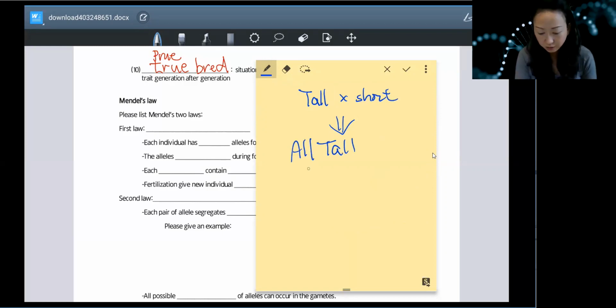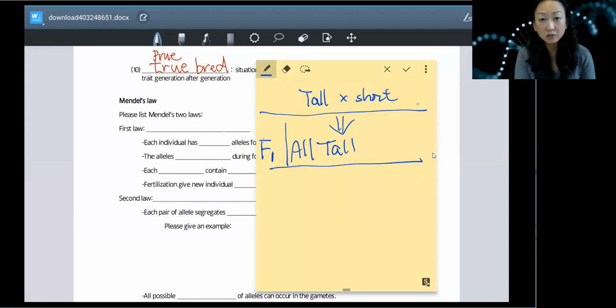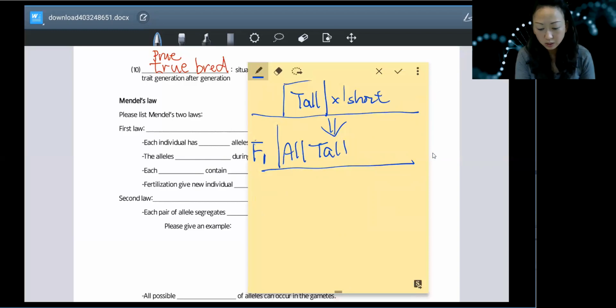So that was his first generation. Okay, we call it F1. I am mainly talking about the phenotype, the trait he was seeing. When he crossed all the tall with the short, phenotypically short, and they're purebreds, he realized he's getting all talls. So that was puzzling because he didn't know where the short went.